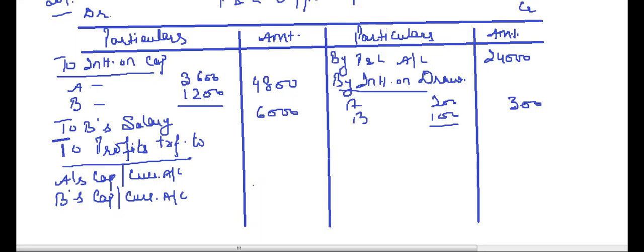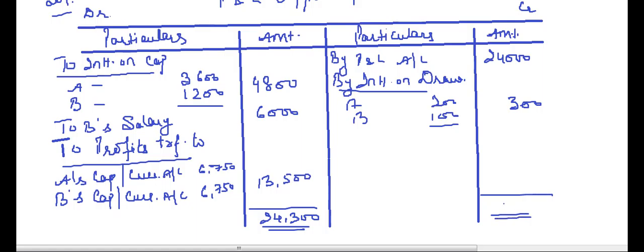We have a profit left of 13,500. So we will distribute this profit of 13,500 equally among partners A and B. That comes to 6,750 each. Clear? So this completes our profit and loss appropriation account.